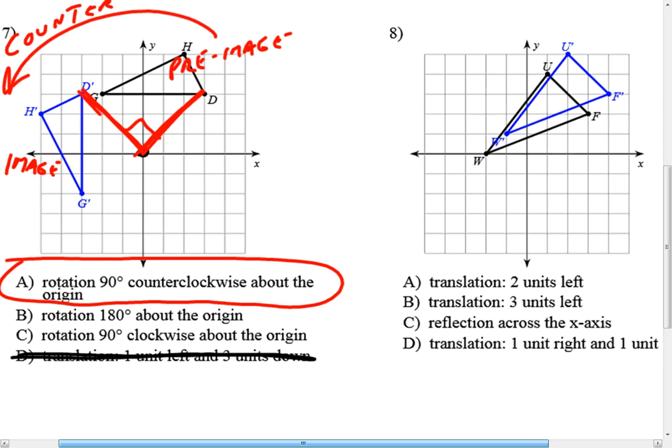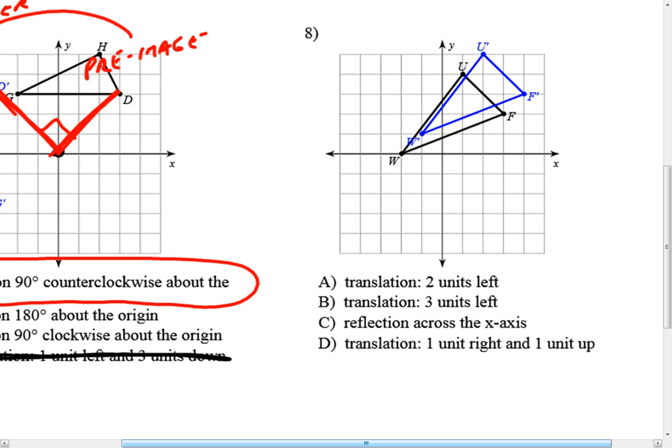Number 8. We are starting off here. We are ending up this way. What can I rule out? Reflection. Is it just moving horizontally, or is it moving both horizontally and vertically? Take a look.